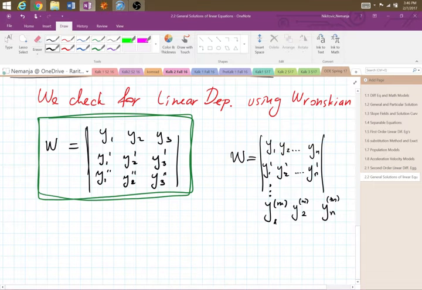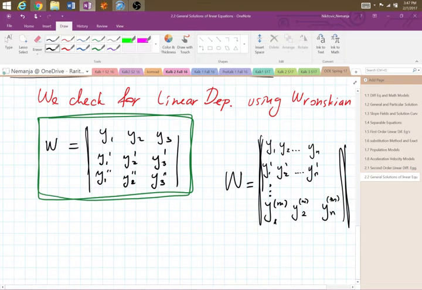So this is the general kind of look for the Wronskian for any dimension. Those three dots, or whatever I put, say this extends indefinitely.